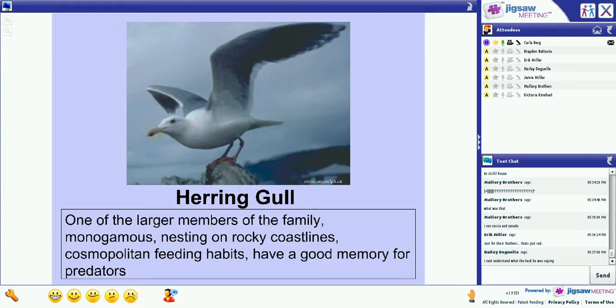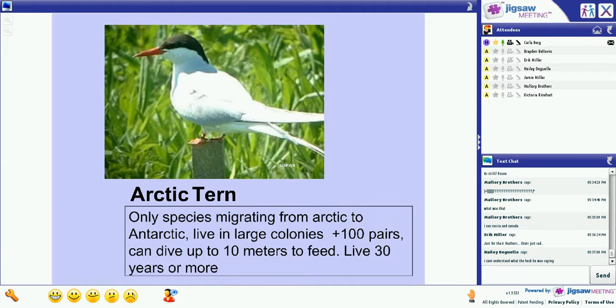They have a very good memory for predators, and they're eaten a lot by sharks. So if a herring gull knows that predators like to live or circle around a certain beach, they tend to stay away. So they are very smart in that sense.